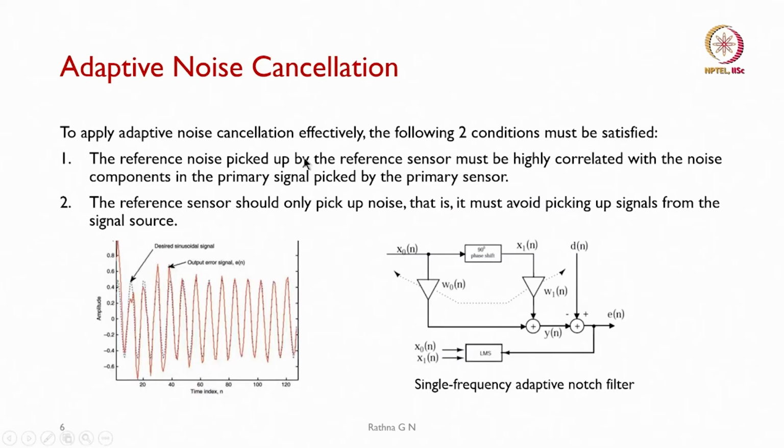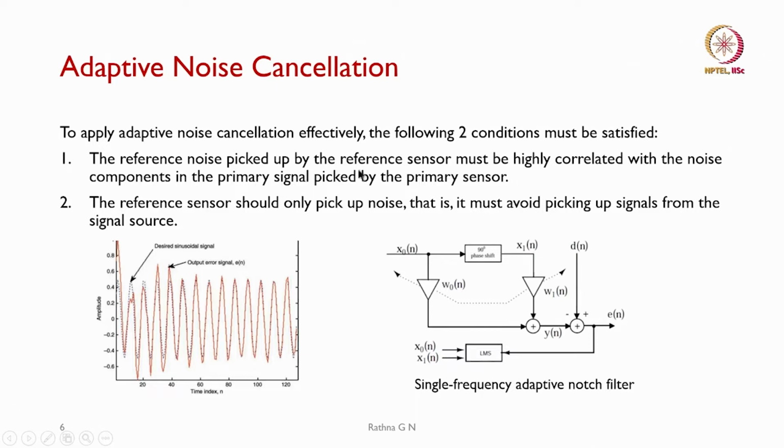So, as an example, to apply adaptive noise cancellation effectively, these are the two conditions which have to be satisfied. What is it? The reference noise picked up by the reference sensor must be highly correlated with the noise components in the primary signal picked up by our primary sensor.